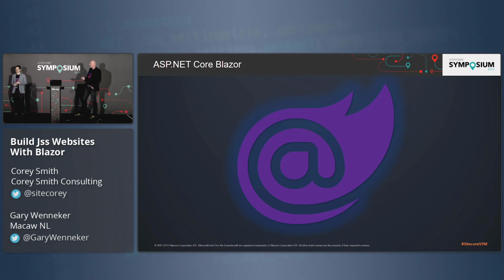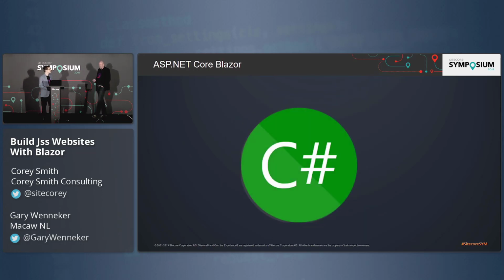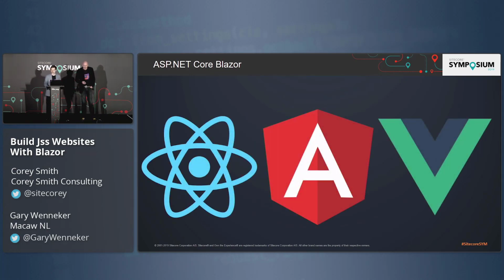So Blazor is the latest and greatest new web development framework. It was released about 1 month ago in September with .NET Core 3.0. And it supports rich interactive web UI built with C#. And it can compete with frameworks like React, Angular, and Vue.